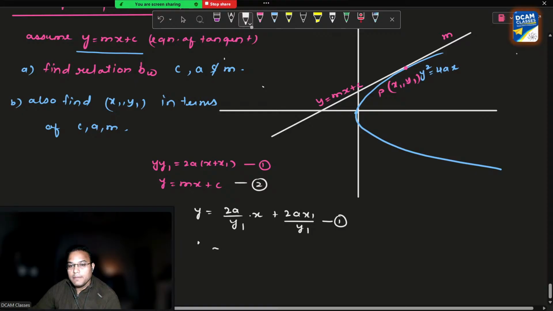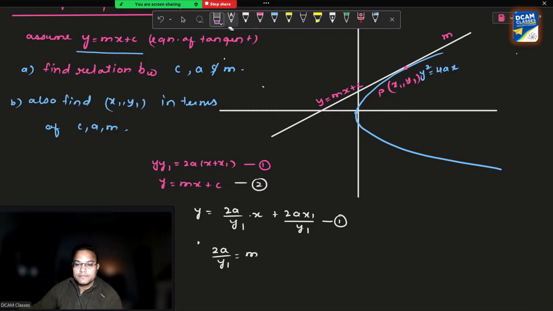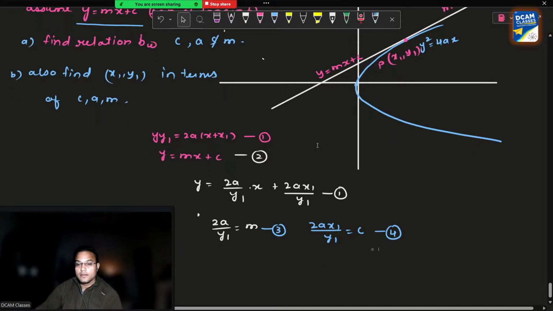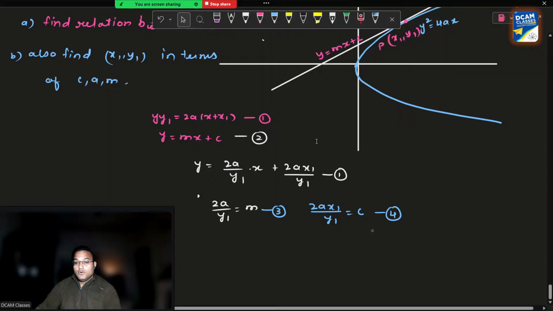So comparing, we get 2a by y1 is equal to m, this first, let me give it another name, this is the third one, and 2a x1 by y1 will be equal to c. Oh, actually we've got everything.